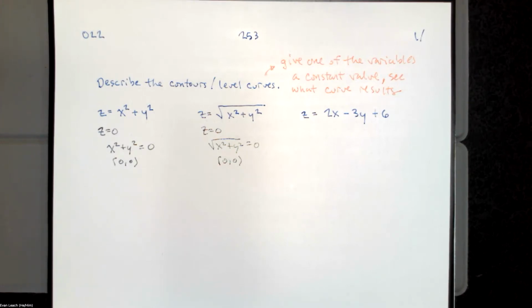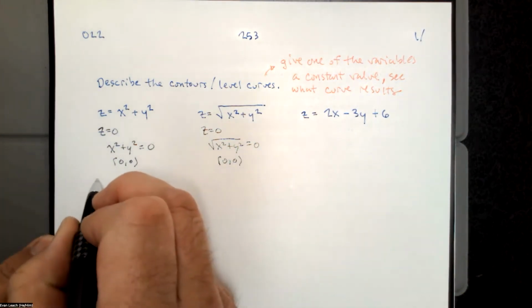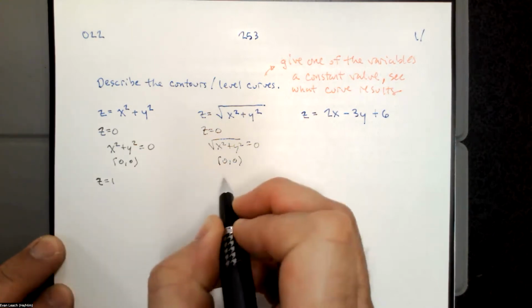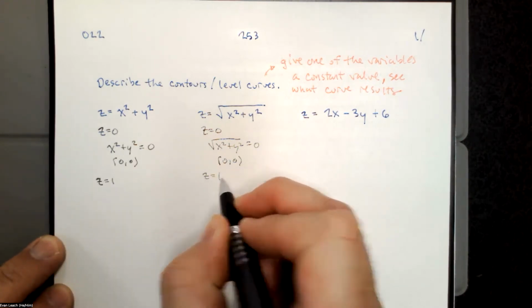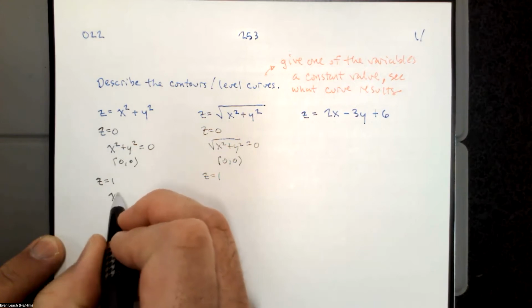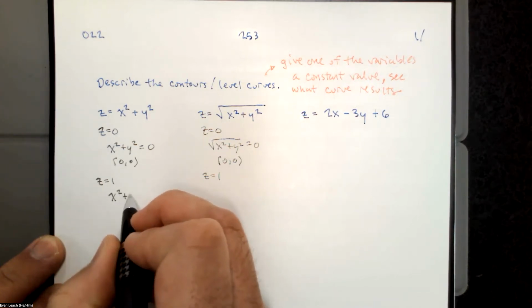We want to pick some other values for z. So I'm going for contours on these first two. Once we get an idea about what's going on, then we'll start looking at it from the side. So let's, for each of these, pick z equals 1.